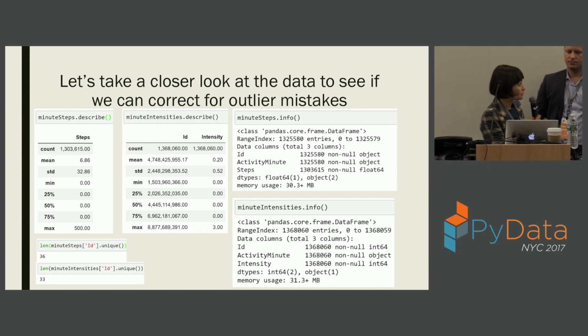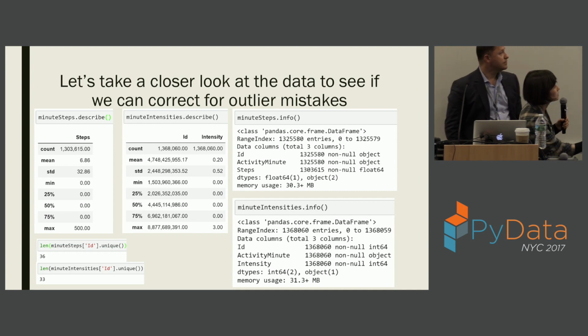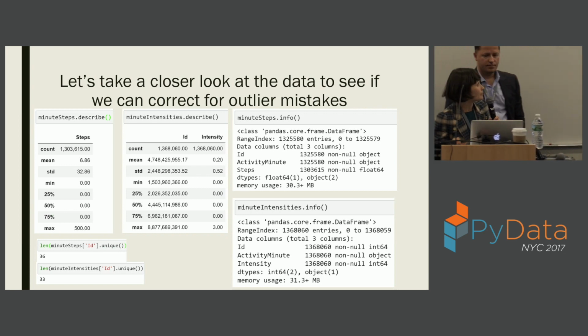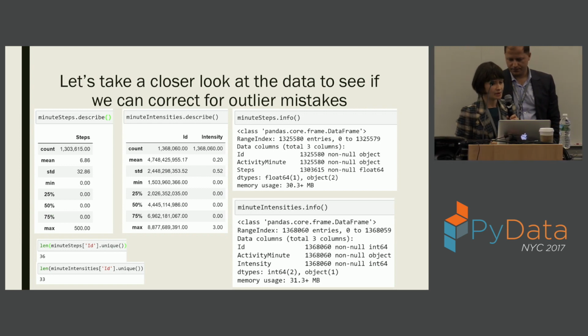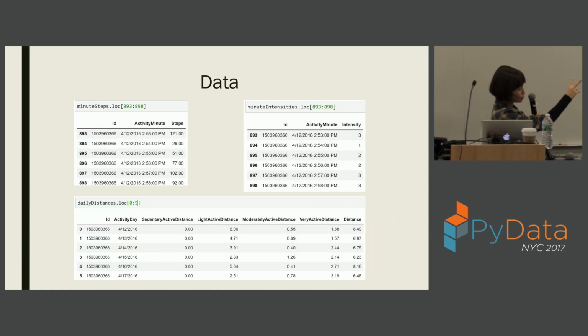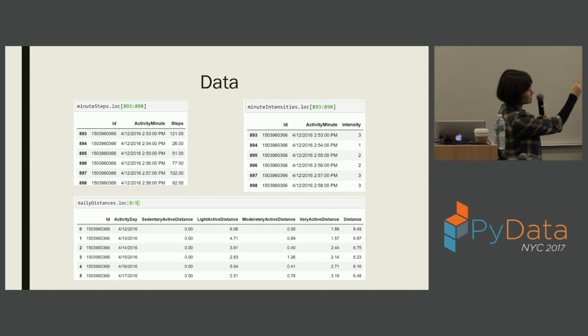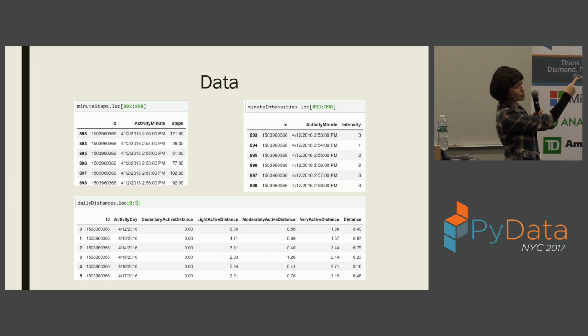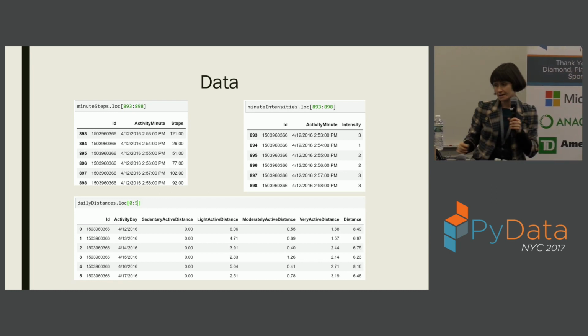So first things first, let's see what we can see from this data set. Let's look at describe. First of all, you saw that the minute steps and intensities look very similar in terms of data: you have ID, you have activity minutes, and then you have your variable, your value, steps or intensity.